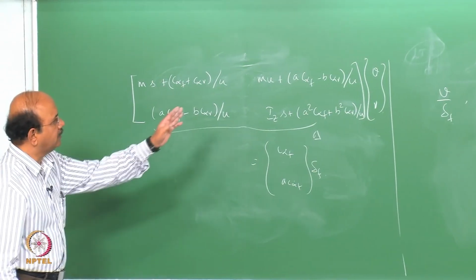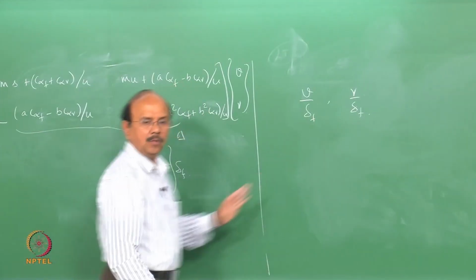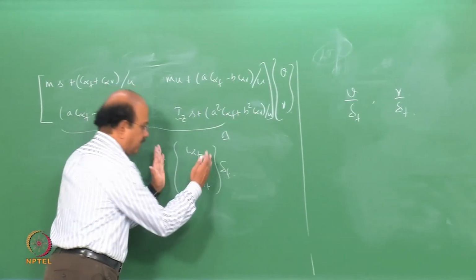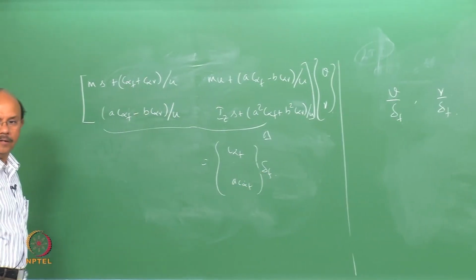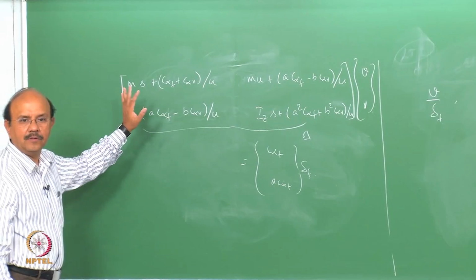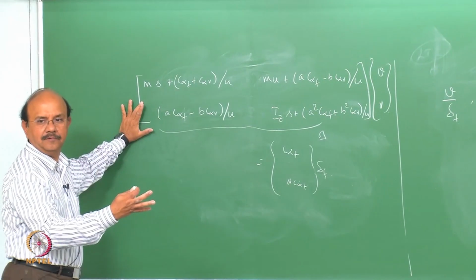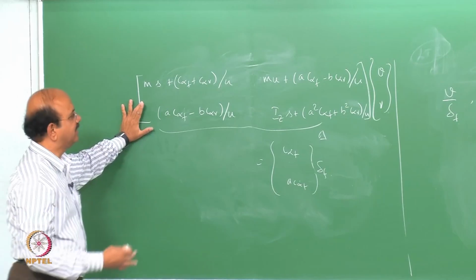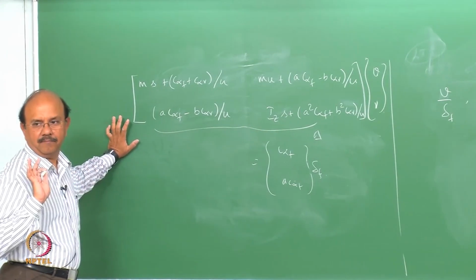If I want the first expression, V by delta F, I put this into the first column, use that as the numerator and use the determinant of delta as the denominator.